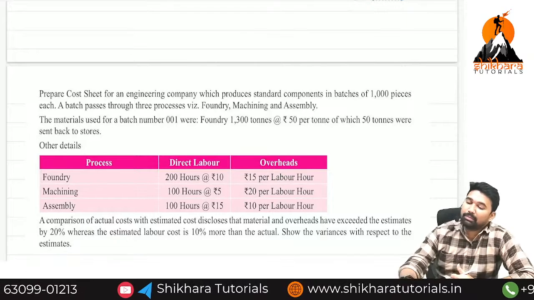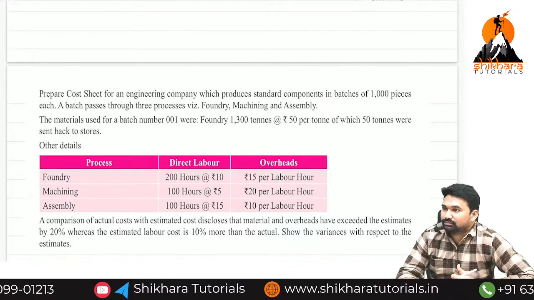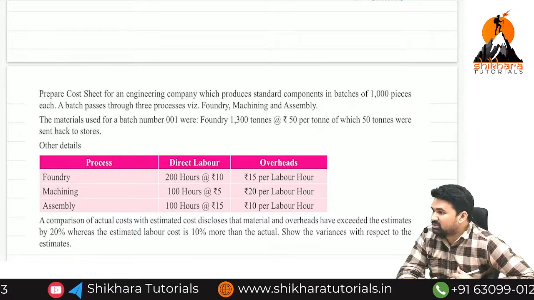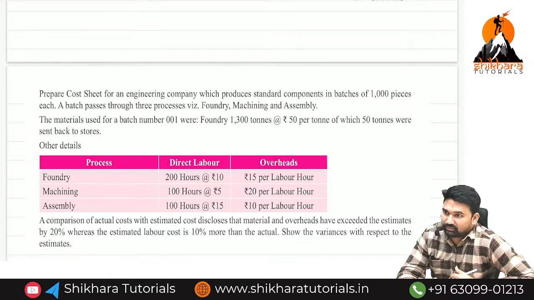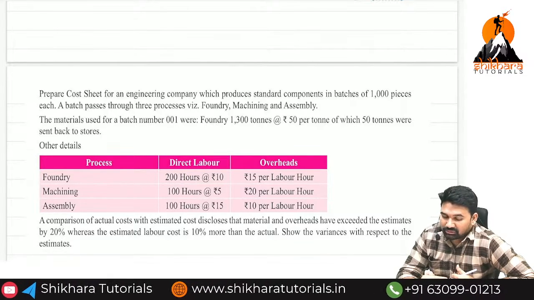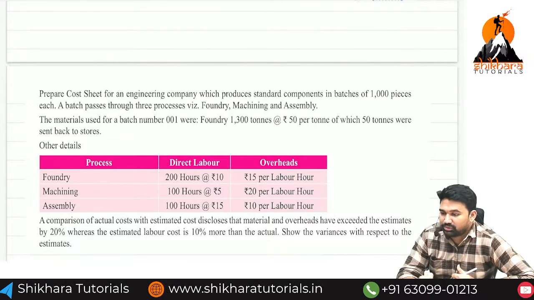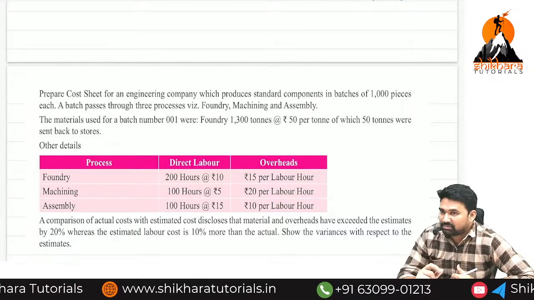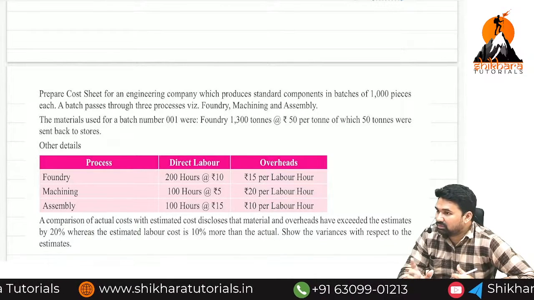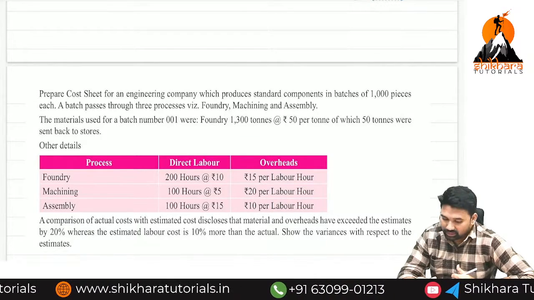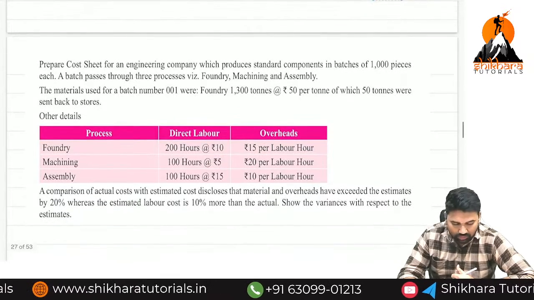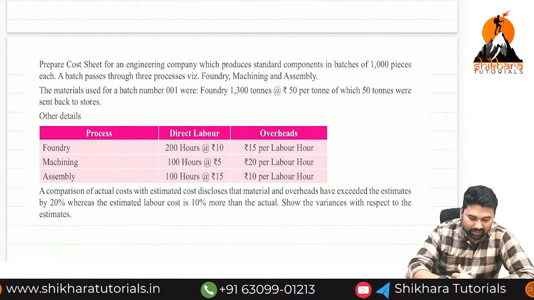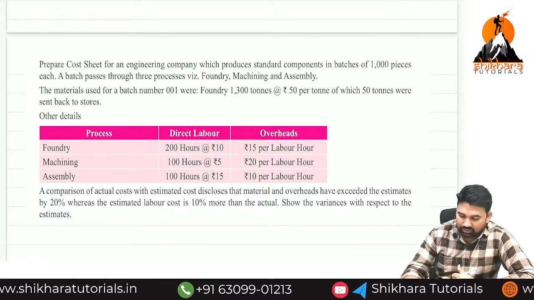Out of the remaining two problems related to cost, and after discussion of the problem, another two problems. Out of that, one I'll explain in the class, one you have to do. Okay. So very good. Let's start our today's session by discussing this illustration carefully.